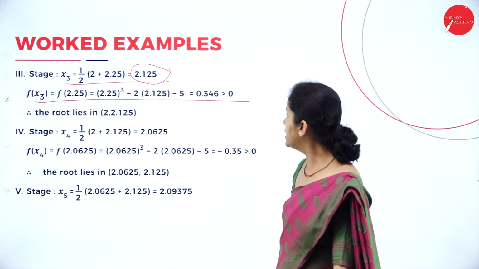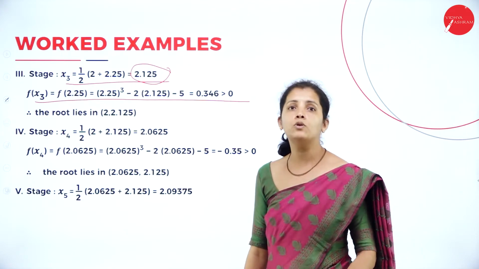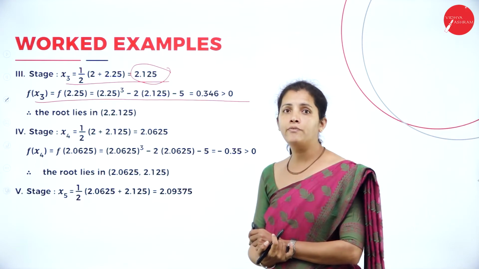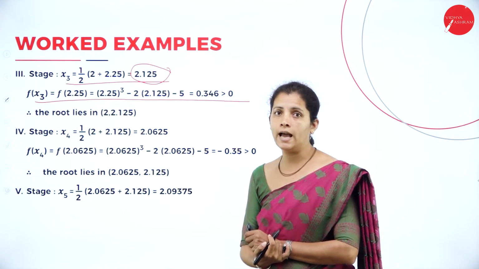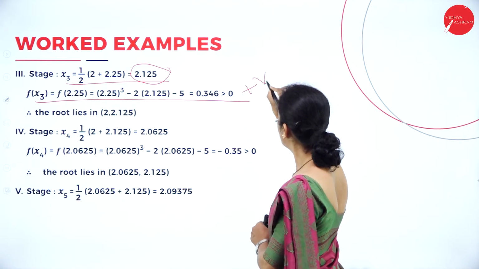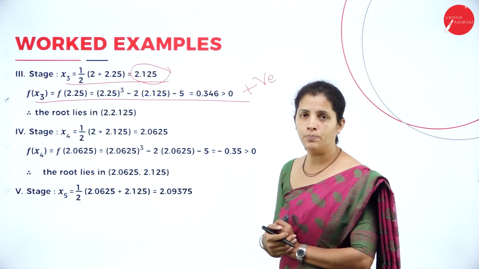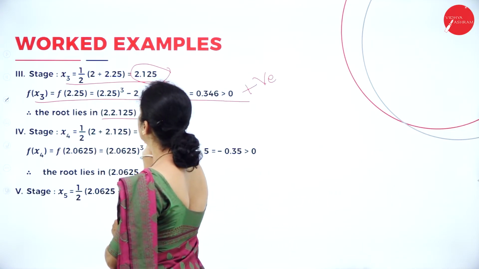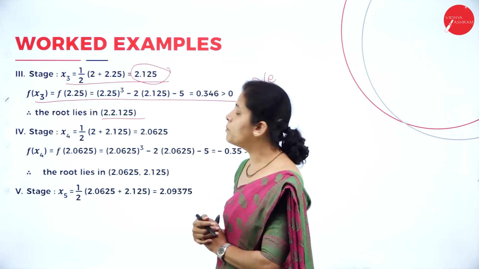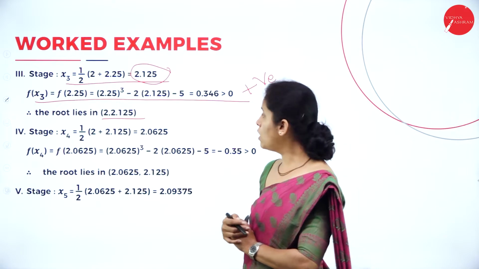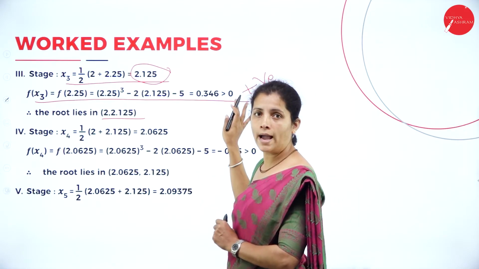And I'm going to get once again positive value. So here 0.346, which is greater than 0. That indicates that it is positive value. Now I'm going to write the conclusion that the root lies between 2, 2.125 because it is positive value.